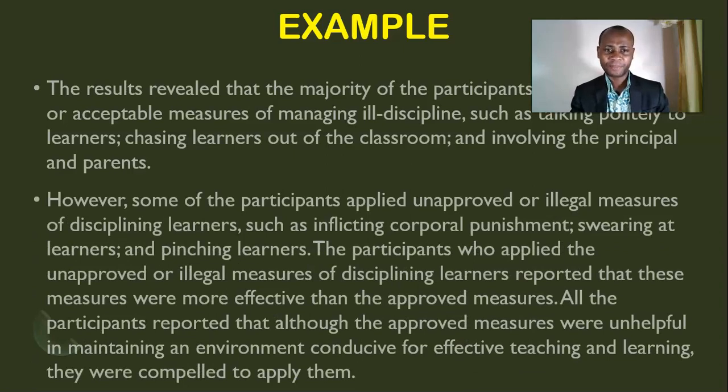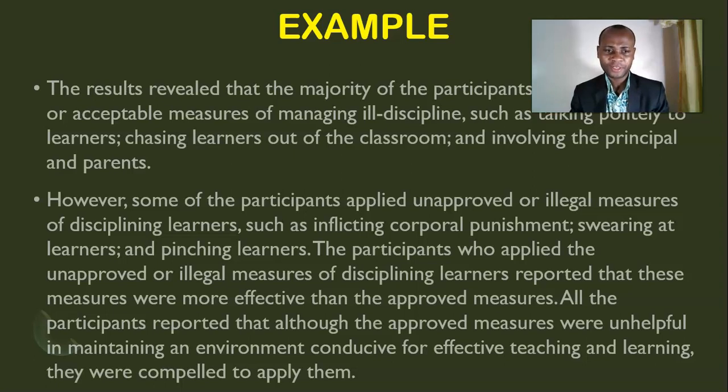However, some of the participants applied unapproved or illegal measures of disciplining learners, such as inflicting corporal punishment, swearing at learners, and pinching learners. The participants who applied the unapproved or illegal measures reported that these measures were more effective than the approved measures.